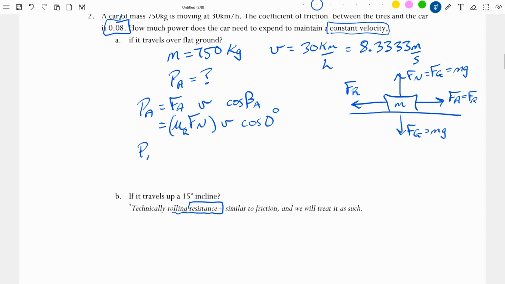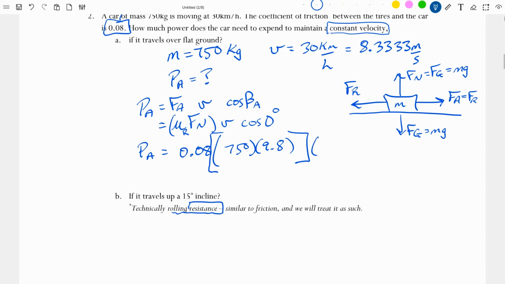So the power by the applied force is mu, 0.08, multiplied by the normal force. We've already established that the normal force is equal to the force of gravity, m times g. So mass 750 times g 9.8. That right there, if you want to think of it visually, is the normal force.